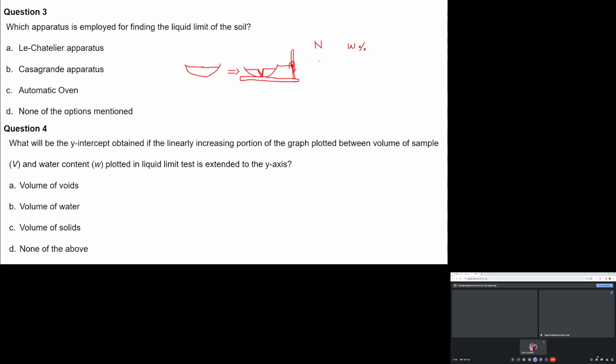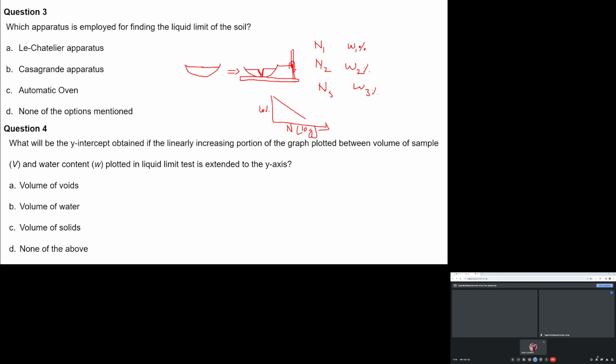We do this for different trials, and we plot N on a log scale and W on the y-axis.